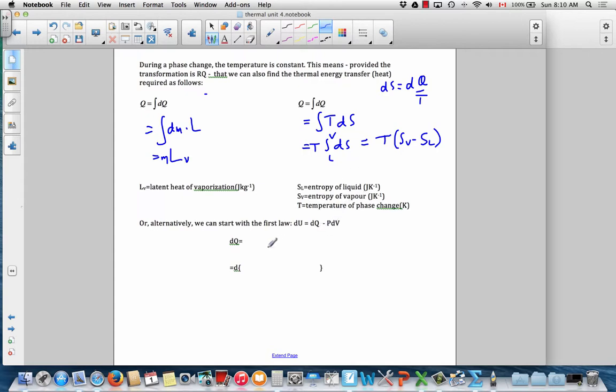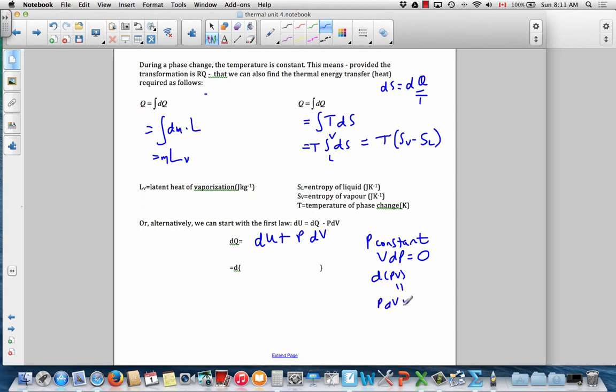Now, another way to proceed is to, first of all, start with the first law, then rearrange and solve for dQ. So it'll be dU plus P dV. Now, because at a constant pressure process, V dP is 0, so therefore, if we were to expand the d of PV, we get two terms.